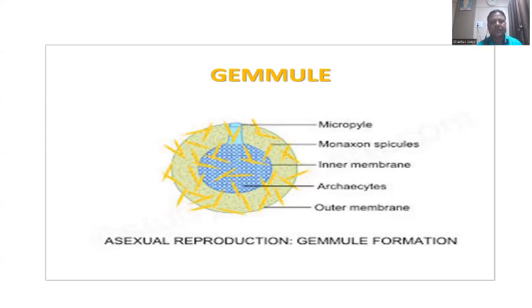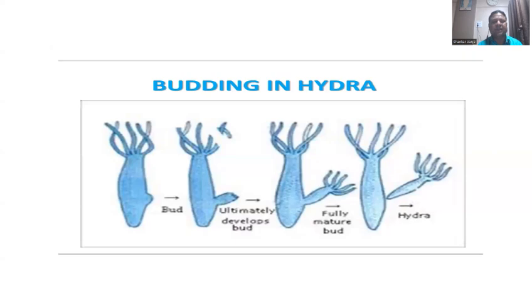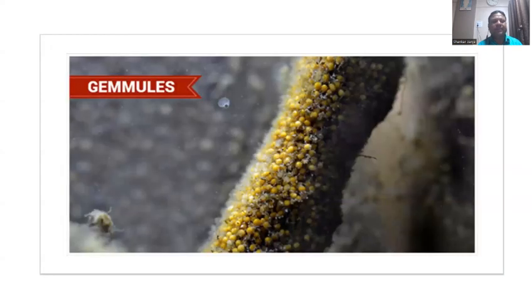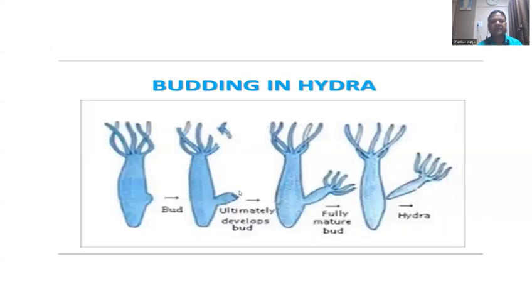So this is asexual reproduction by gemmule formation in lower organisms. Now we'll go ahead. See the gemmules in the aquatic habitat. These are the gemmules, yellow colored bodies. They hatch into new sponges. Then further, this is budding in hydra.